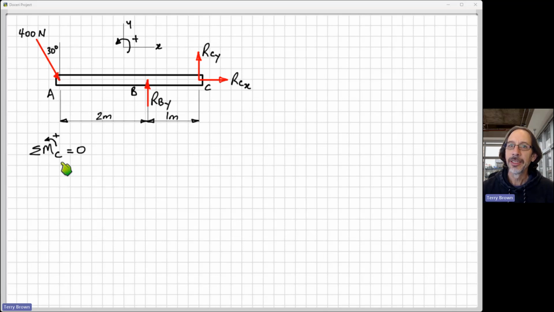So I've written that out here, the general moment equation. The complete writing of this equation is capital sigma to indicate sum of, capital M to indicate the moments, anti-clockwise is positive, and very importantly, we need to have a subscript here to indicate where we're taking moments about.